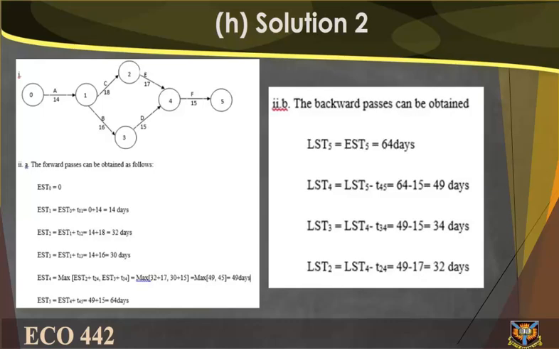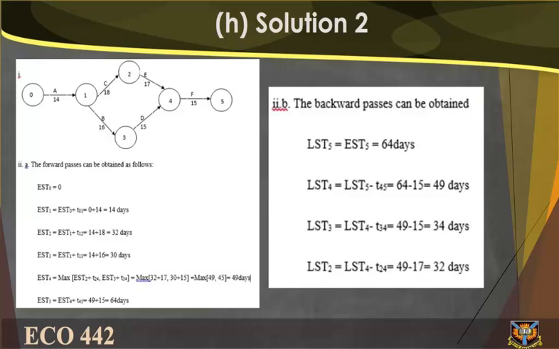EST4 equals max of EST2 plus T24, EST3 plus T34, equals max of 32 plus 17, 30 plus 15, equals max of 49, 45, equals 49 days. EST5 equals EST4 plus T45 equals 49 plus 15 equals 64 days.